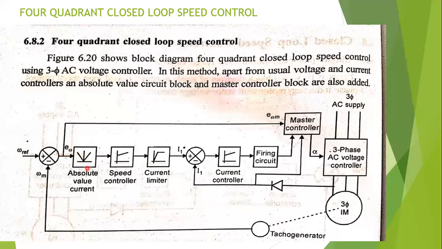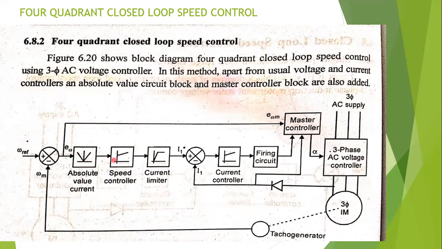The absolute value circuit gives the positive voltage as the output, depending on the direction of rotation of the motor, so that the necessary voltage is developed.